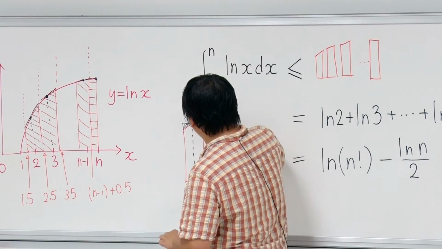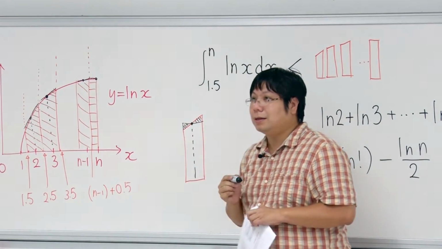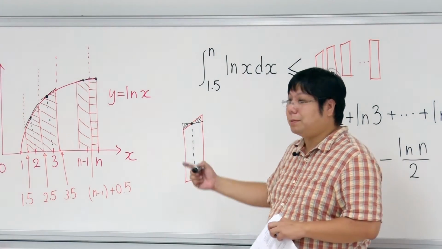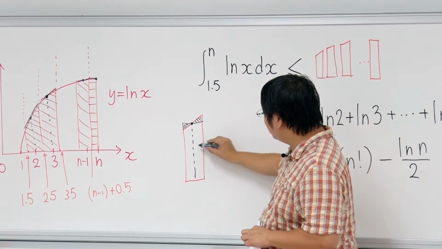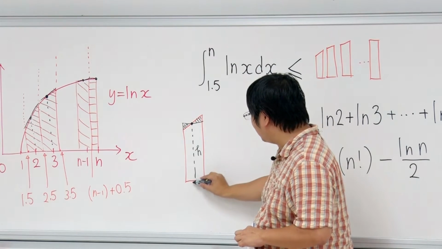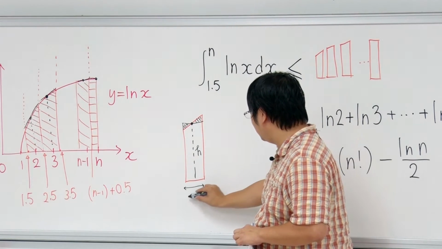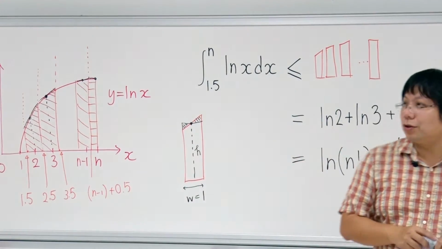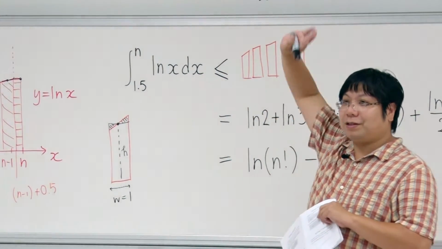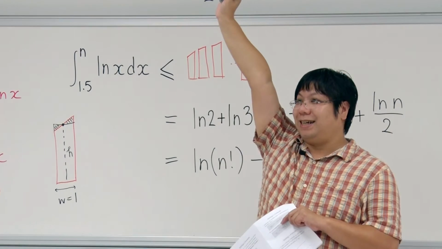This area is equal to this area. That makes sense, right? Because this is the midpoint. So the area of this one must be equal to this height h times the width here, which is equal to 1. If you are okay with everything up to this point, could you please raise your hand? Okay, good.